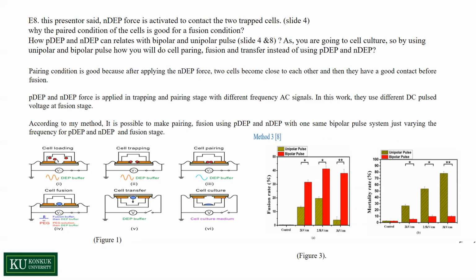So for fusion, they need to get close to each other. For this, a negative dielectrophoresis force is applied. By the mechanism of negative dielectrophoresis, the cells move close to each other, away from the high strength electric field. So the paired condition after applying the negative dielectrophoretic force is a must and good for cell fusion.